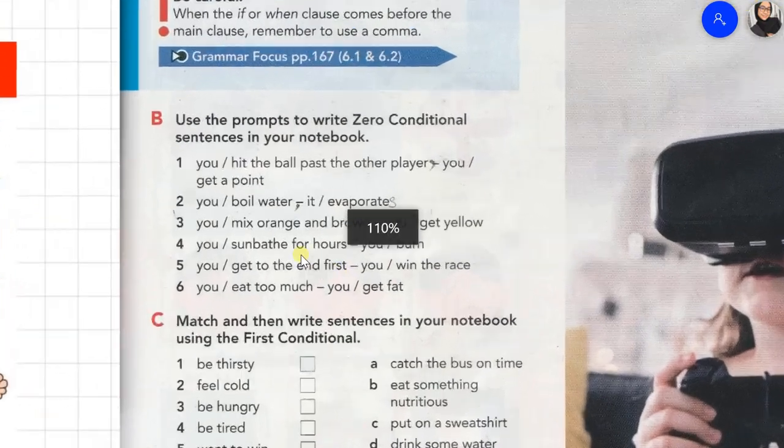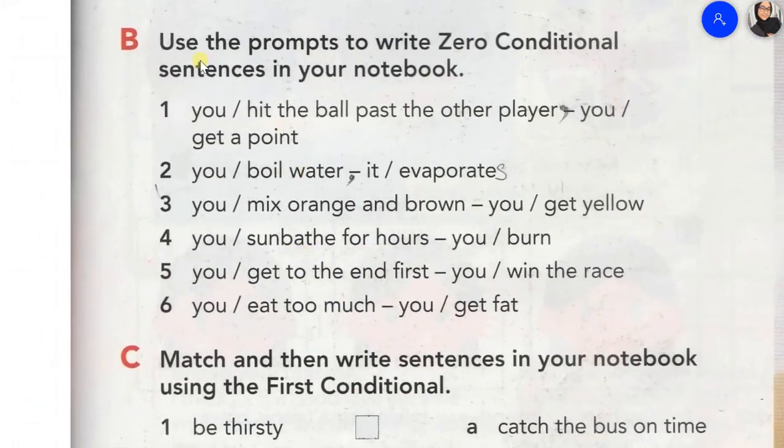Right, now let's do task B. Use the prompts to write zero conditional sentences in your notebook. Okay. All right. So let's use these prompts given to write the zero conditional sentences.